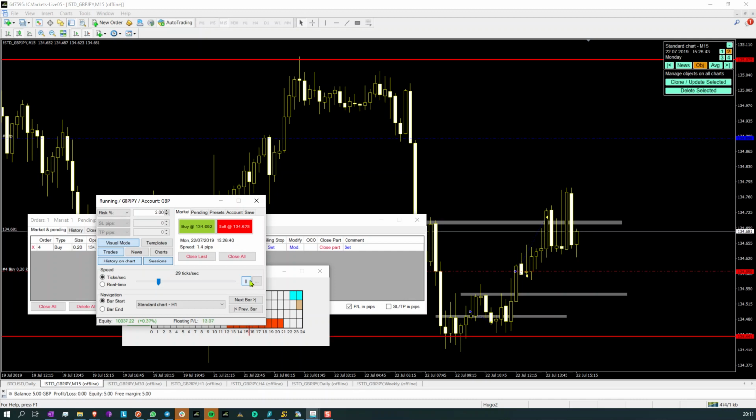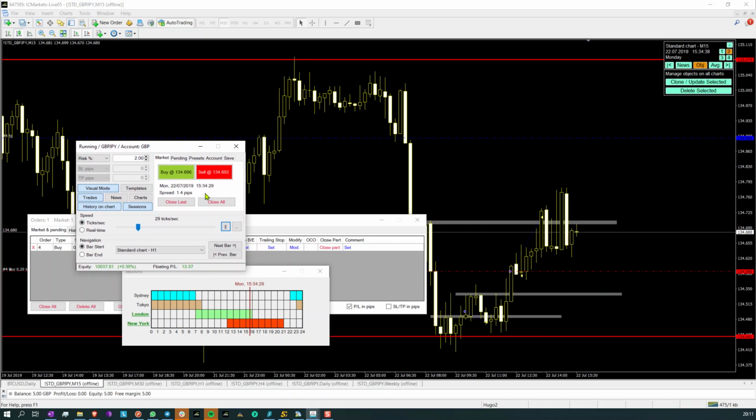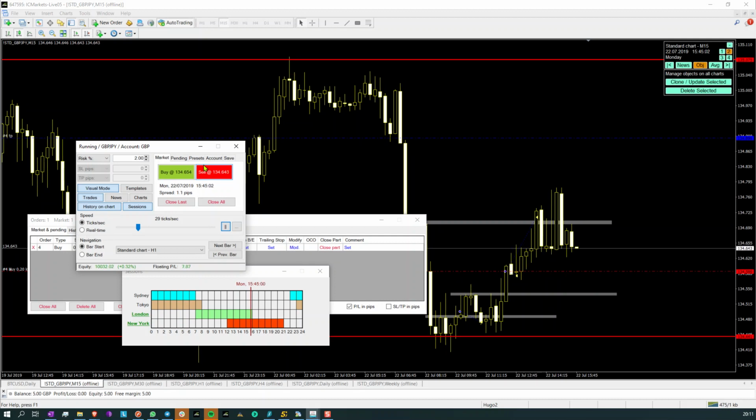Are we going again? Second chance, third chance. Bullish close. Approaching London close. Okay, this is already nothing. It's not going anywhere. London close. London close now.